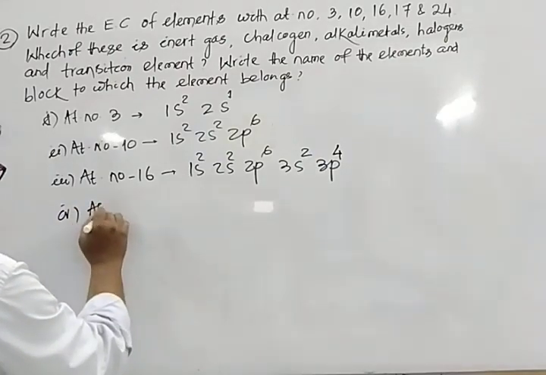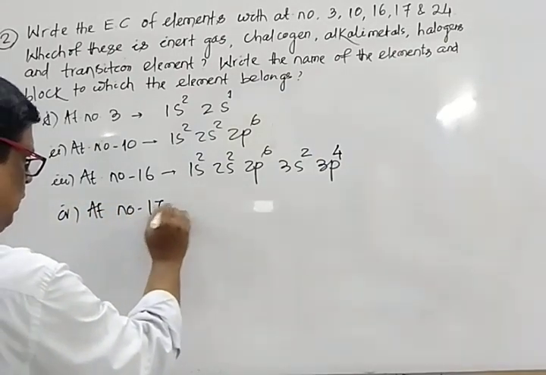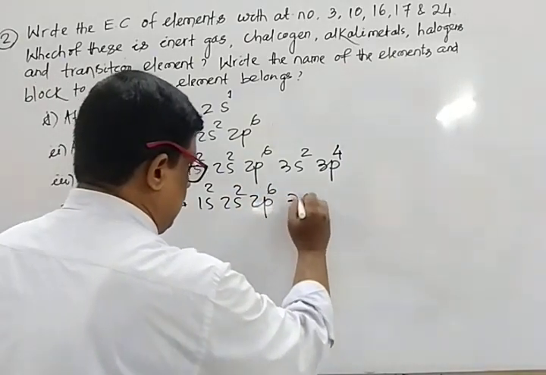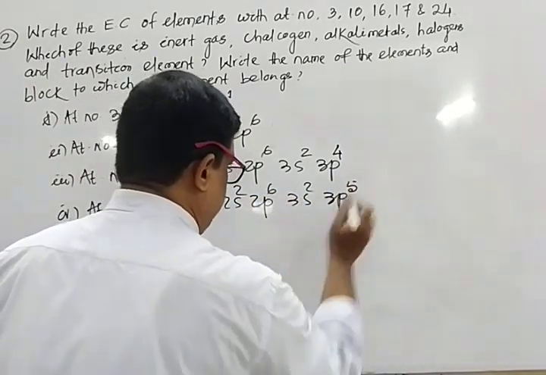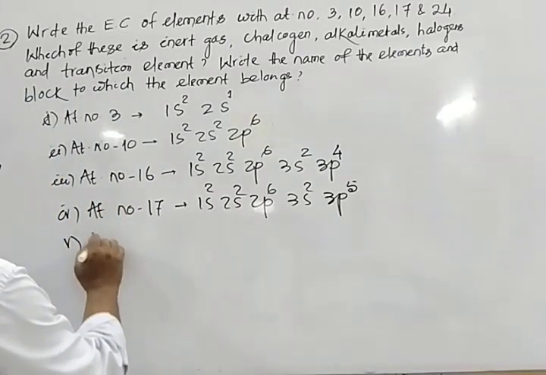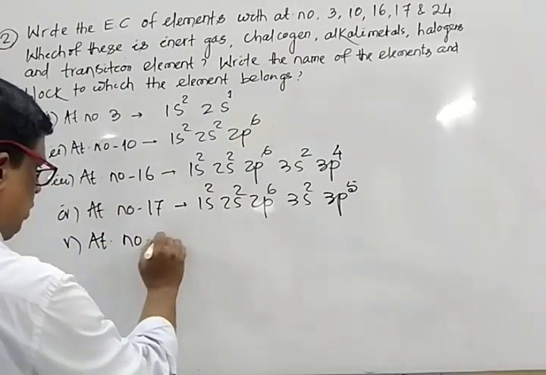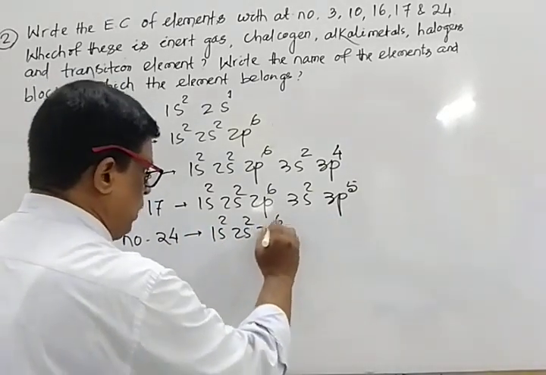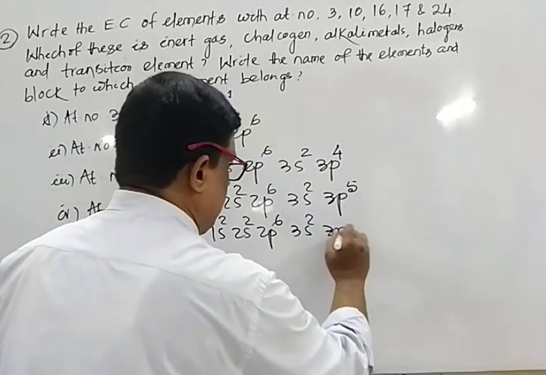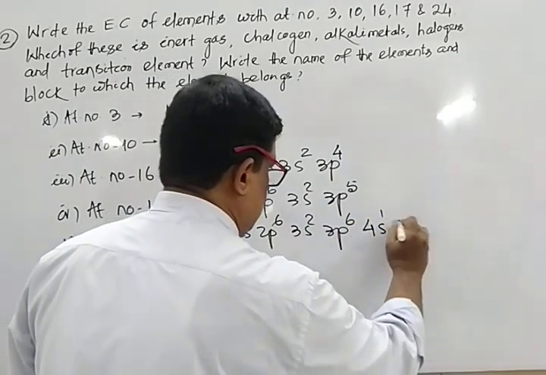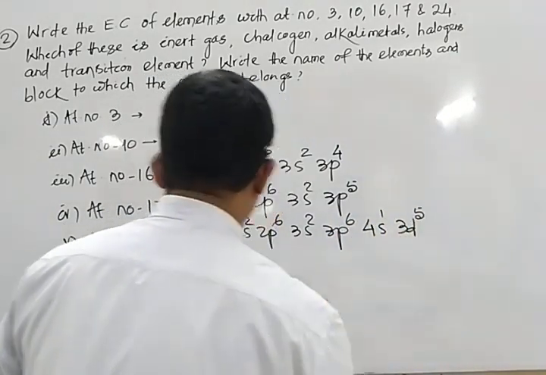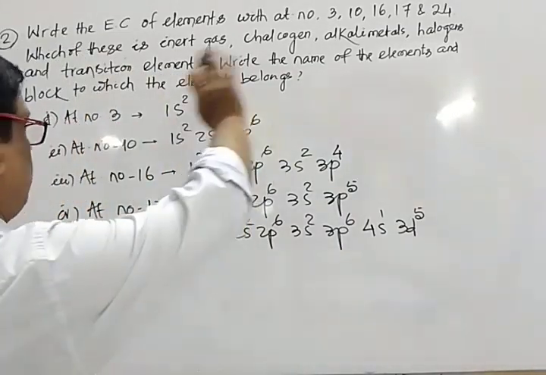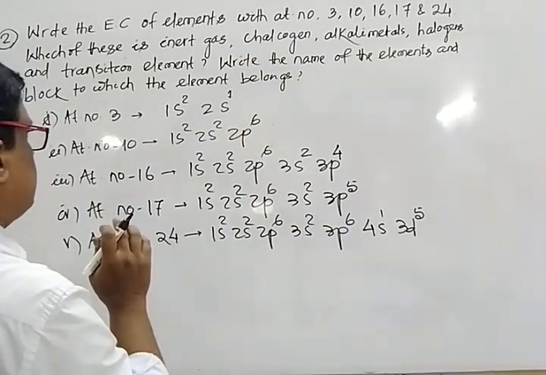Next, atomic number 17: 1s2, 2s2, 2p6, 3s2, 3p5. Next, atomic number 24: 1s2, 2s2, 2p6, 3s2, 3p6, 4s1, 3d5. Mark that. The first part, atomic number and electronic configuration, is over.